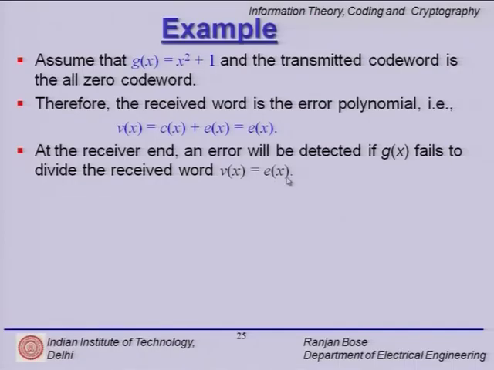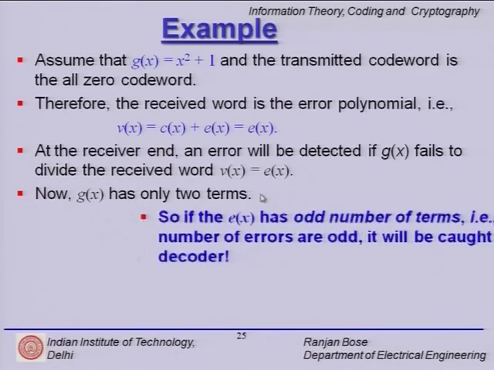We want to detect whether there is an error or not. So detection requires us to divide the received vector by g of x, that is, to divide E of x by g of x. Now, if the remainder is 0, then we conclude it is a valid code word, even though E of x is an error.